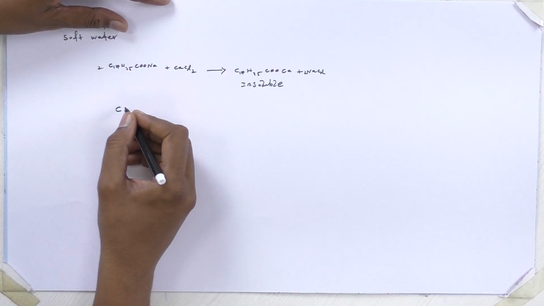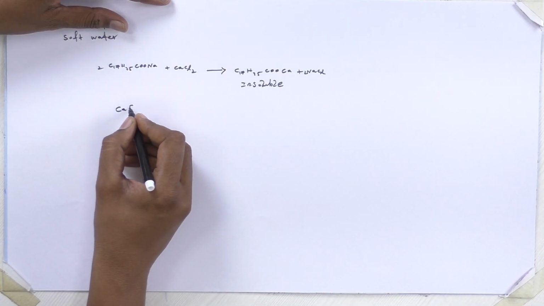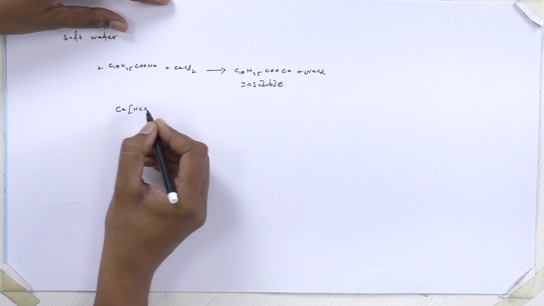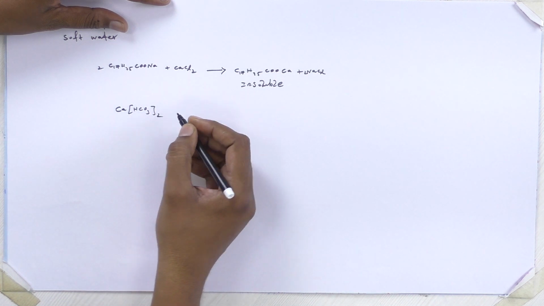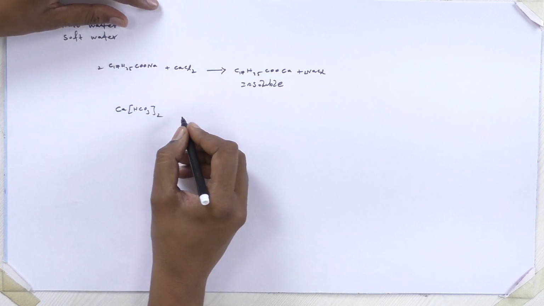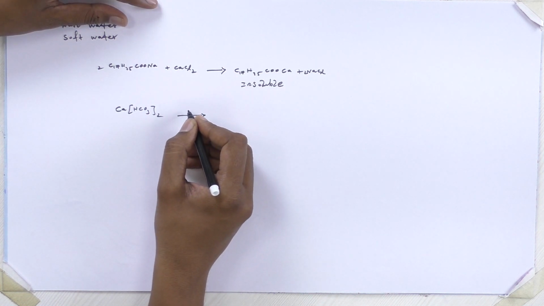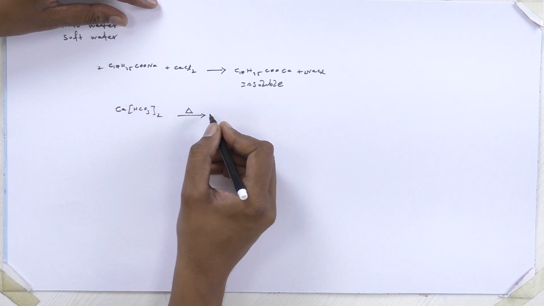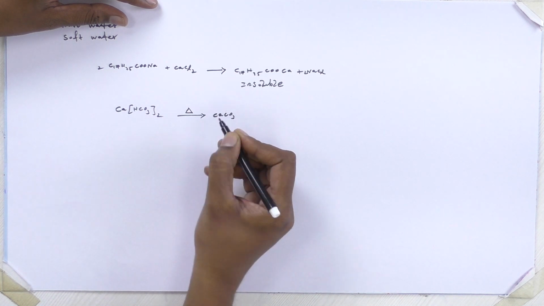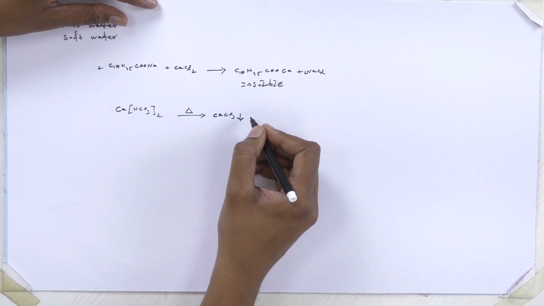At the time of boiling, what happens? In temporary hardness water containing calcium bicarbonate, at the time of boiling, it is converted into calcium carbonate. It is settled.